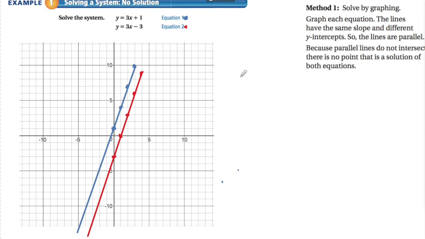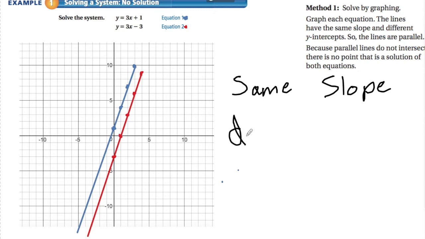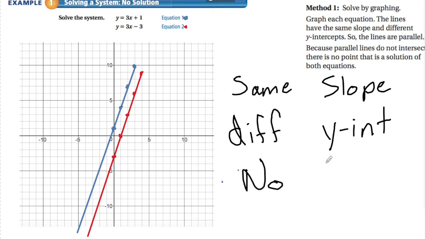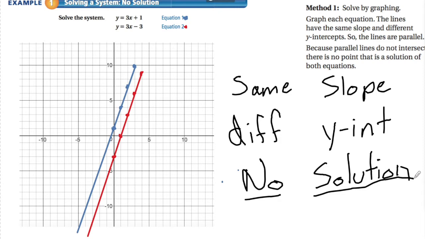So, when we have the same slope but different y-intercepts, I'll just write DIFF for different, then we have no solution. Because these two lines will never intersect. There will never be an ordered pair on these lines where the two lines are equal.